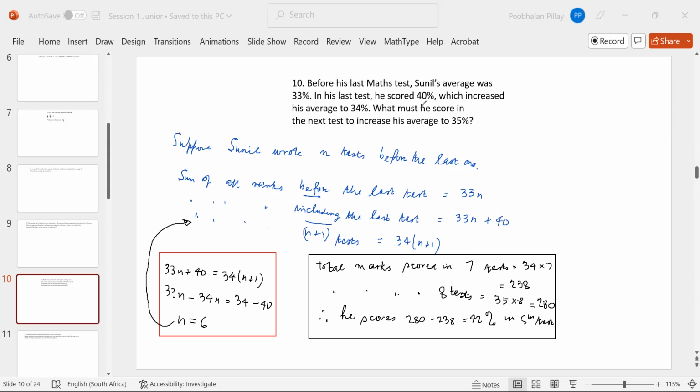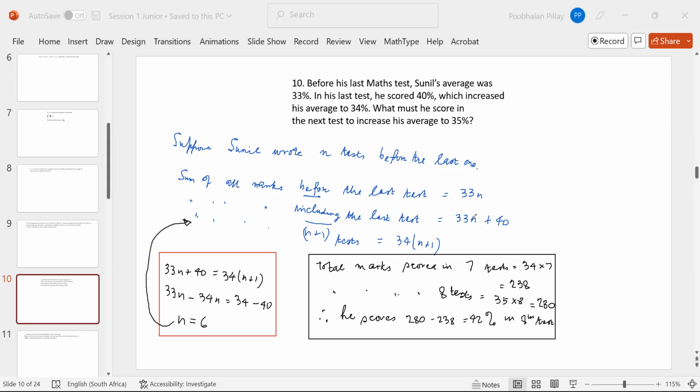But this increased his average to 34%, which means that in n plus 1 tests, the last test together with the previous n tests, his average was 34. Therefore, the total in n plus 1 tests is 34 into n plus 1.